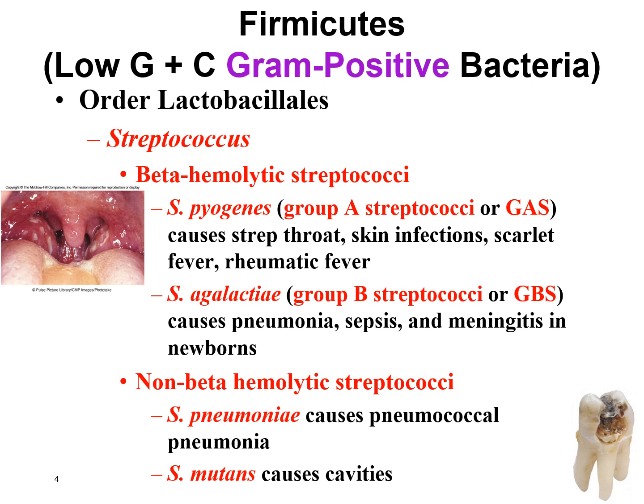And then just some examples of non-beta hemolytic strep. You don't need to memorize that they're non-beta hemolytic strep, just don't worry about that. But we have Streptococcus pneumoniae, and that one's easy to remember. It's a cause of pneumococcal pneumonia.